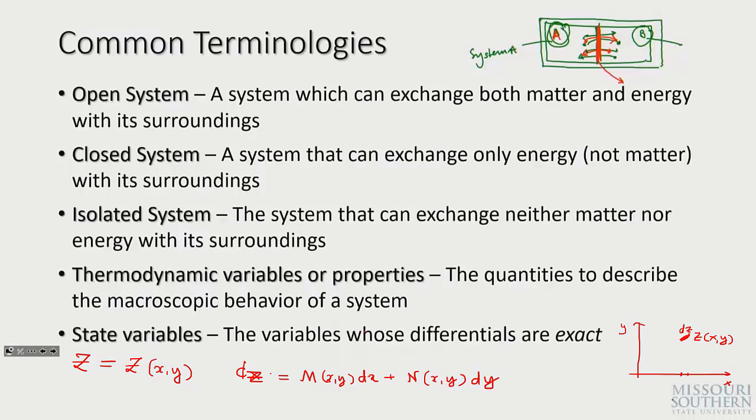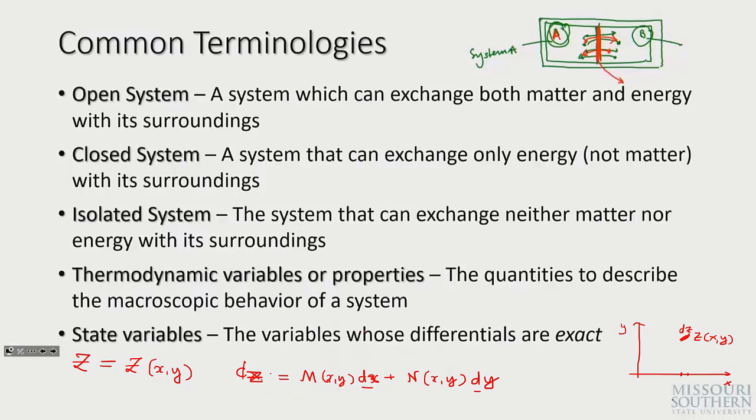Okay, so that's how we can express this change. So basically this dz, or change in z, is the linear combination of change in x and change in y.